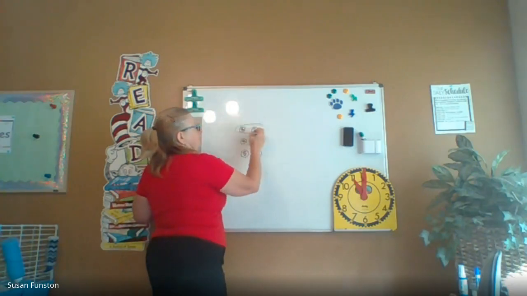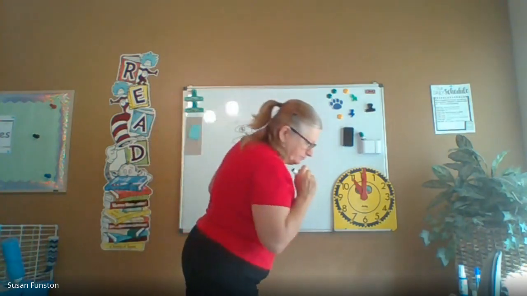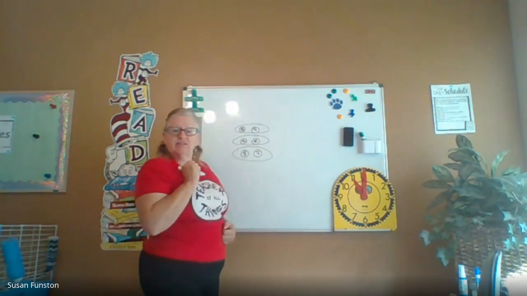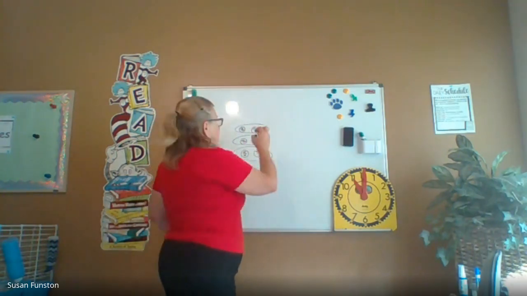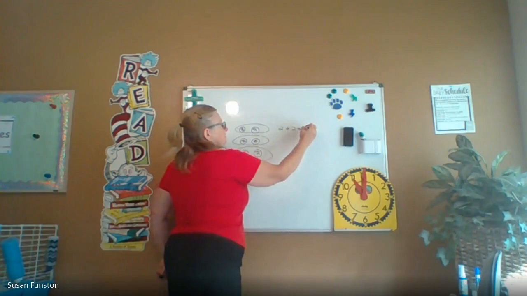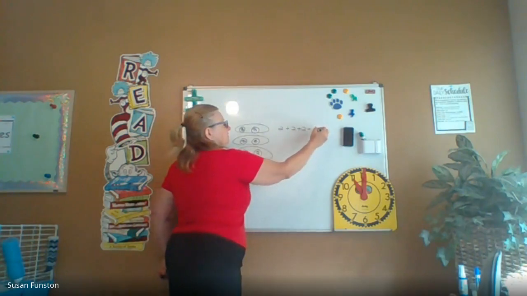So this is one group of 2, 2 groups of 2, 3 groups of 2. Okay, we could use addition to find out how many we have altogether, right? We could say 2 plus 2 plus 2 gives me 2, 4, 6.